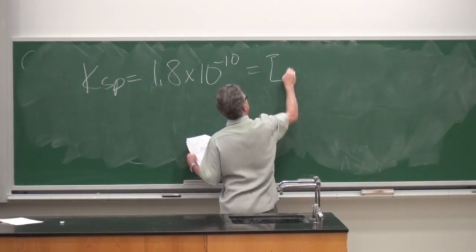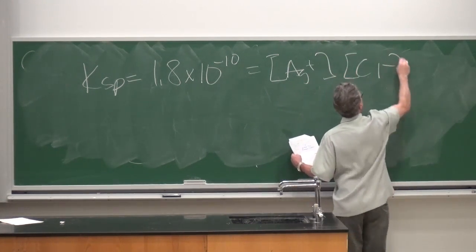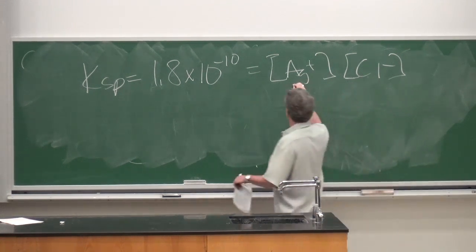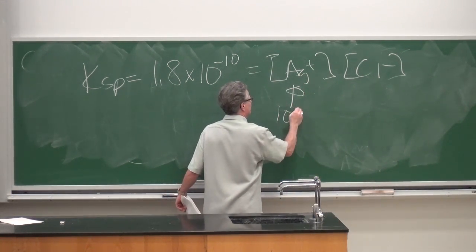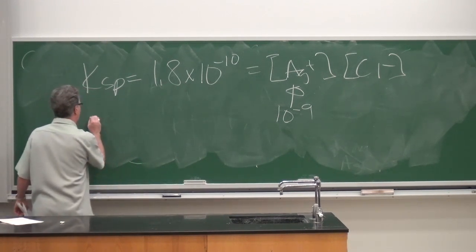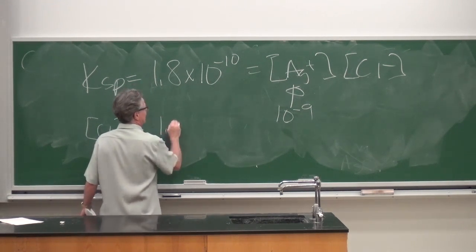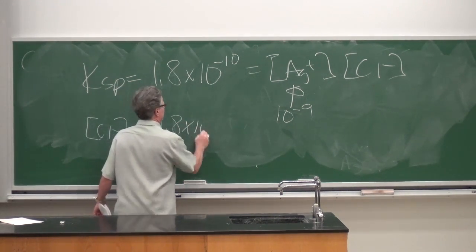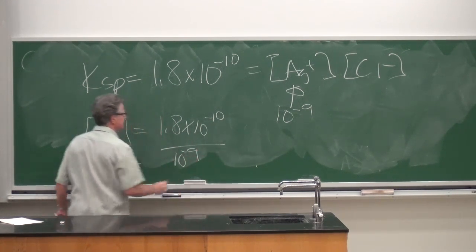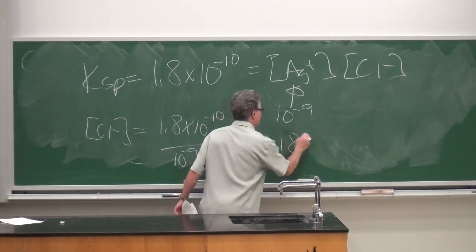It's equal to the concentration of silver times the concentration of chloride, and I just said I want that silver down to 10 to the minus 9 molar. Boom. So now I can simply solve for the concentration of chloride that I need to do that. And that would be my Ksp divided by 10 to the minus 9, or 0.18 molar.